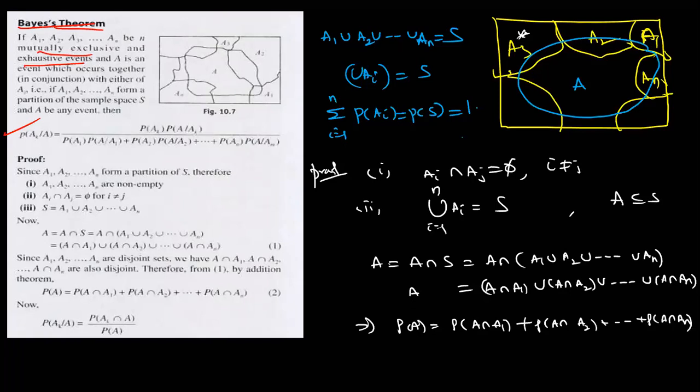Still, dear students, how do we write A intersection A1, A intersection A2? Using the multiplication theorem: P of A1 into P of A by A1, plus P of A2 into P of A by A2, and so on like that. Right, I'll give the conclusion.